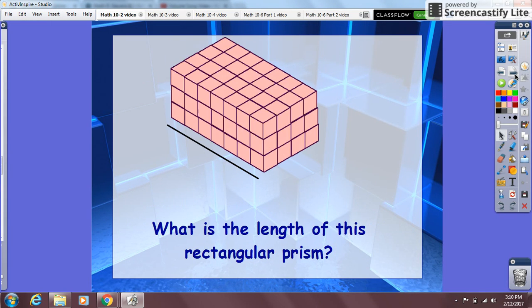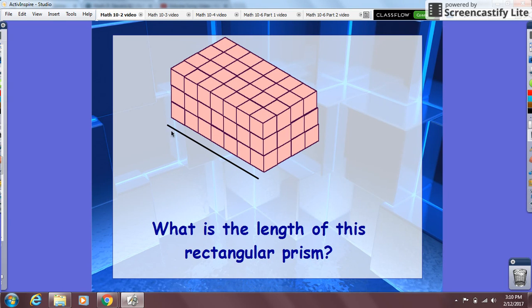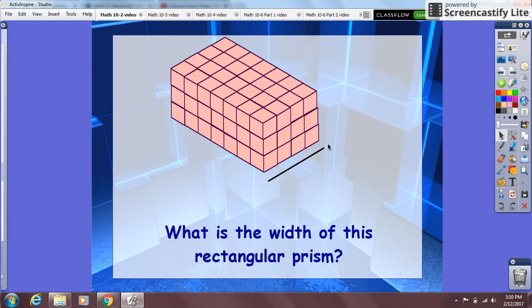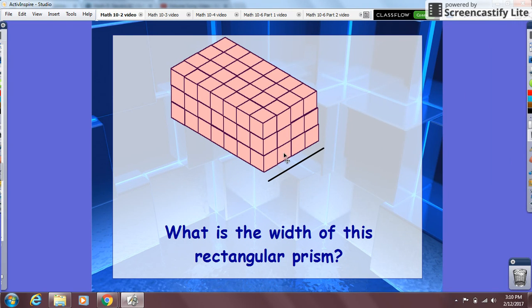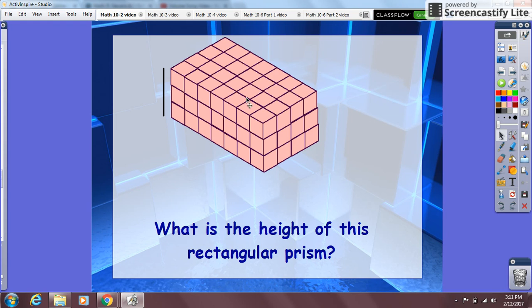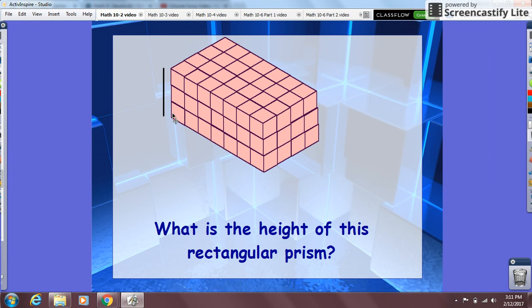So let's move on. If we wanted to find the length of this rectangular prism, we could just count the units 1, 2, 3, 4, 5, 6, 7. And the width would be 1, 2, 3, 4. And the height would be 1, 2, 3.